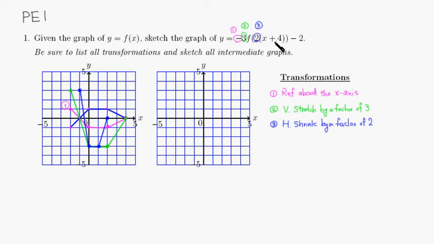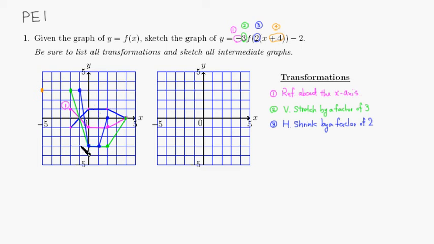After that, we'll use some color like that. I'm going to do this one right here: plus 4. That's the counterintuitive one, because this actually moves to the left 4 units. This point goes 1, 2, 3, 4, so it moves there.